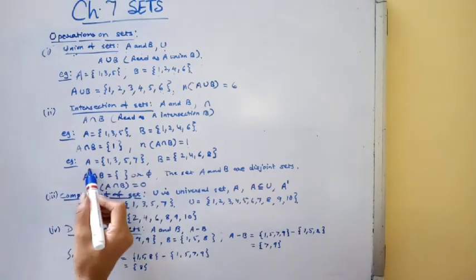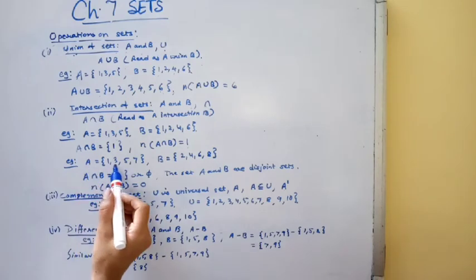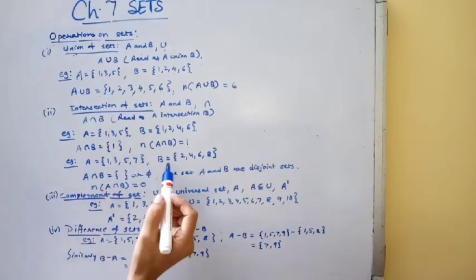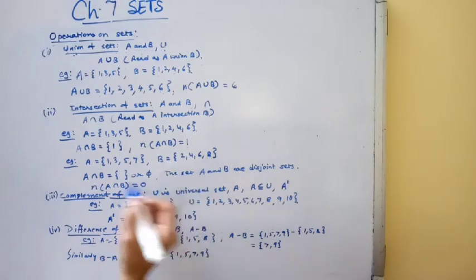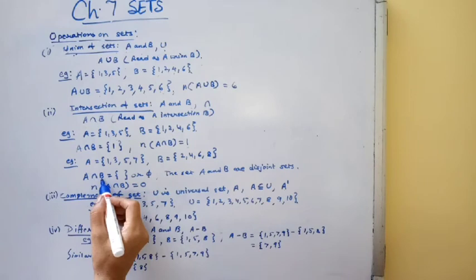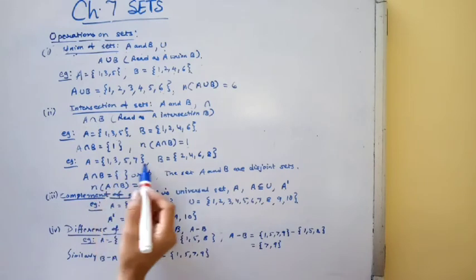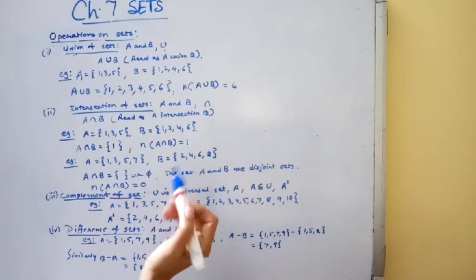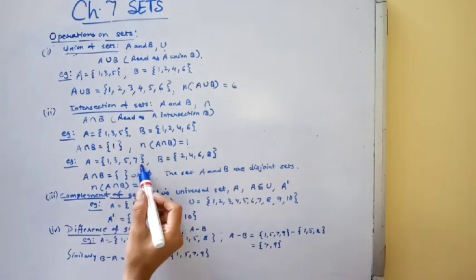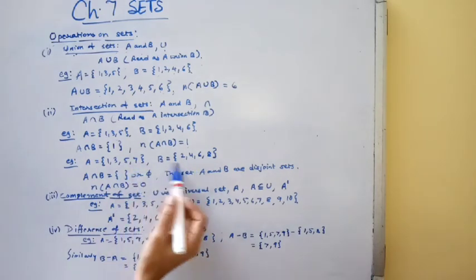Let us take another example. Suppose A contains elements 1, 3, 5, 7 and B has elements 2, 4, 6, 8. Let A intersection B be the common elements of A and B. So there are no common elements in both these sets.